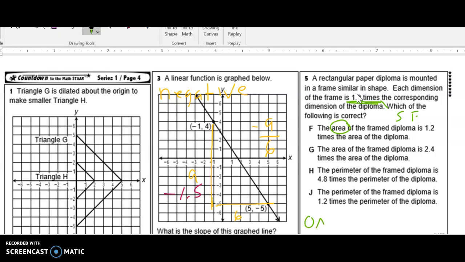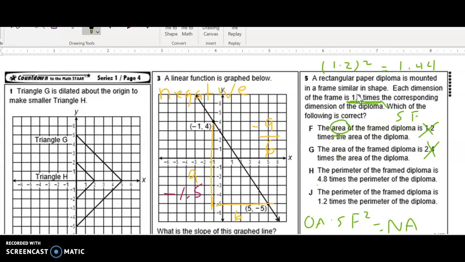Remember, old area times scale factor squared equals new area. So I would do 1.2 squared, which is 1.44. So it says the area is 4.8 times, no. The area, which means scale factor squared again, would be 1.44, so no.